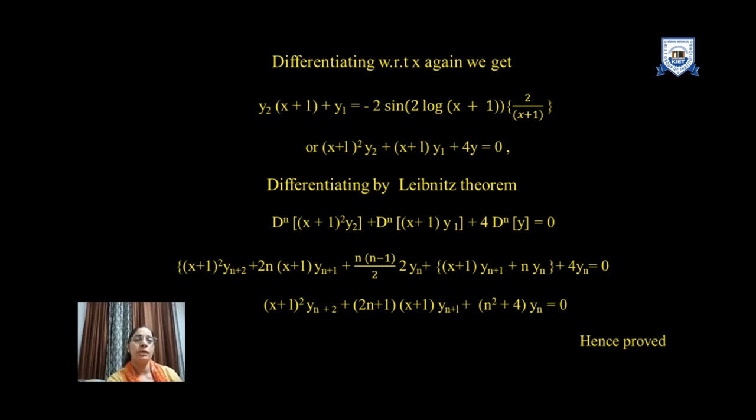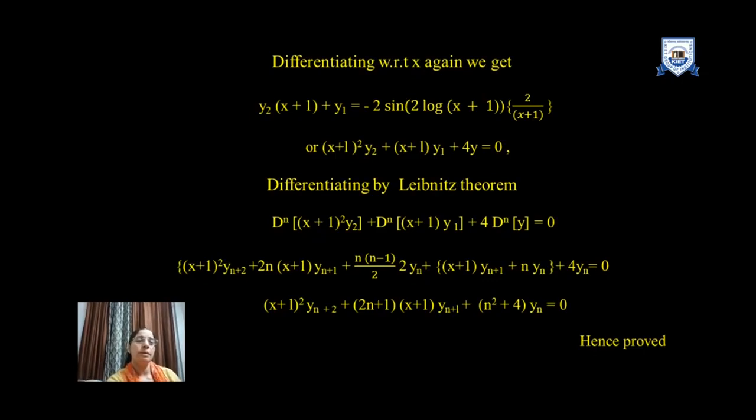So we can use Leibniz theorem here, differentiating n times, and we get the nth derivative of (x plus 1) whole square into y2. Here (x plus 1) whole square we consider as v, and y2 as u. A term whose differential coefficient becomes 0 after some time, we consider with v.